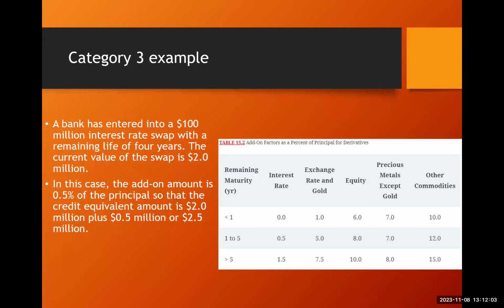So let's say we have a 100 million interest rate swap with a life of 4 years. That's a current value of 2 million. To write out the entire formula, this would be the max of 2 and 0 plus 0.005 times 100, which gets us a total credit equivalent amount of 2.5 million.